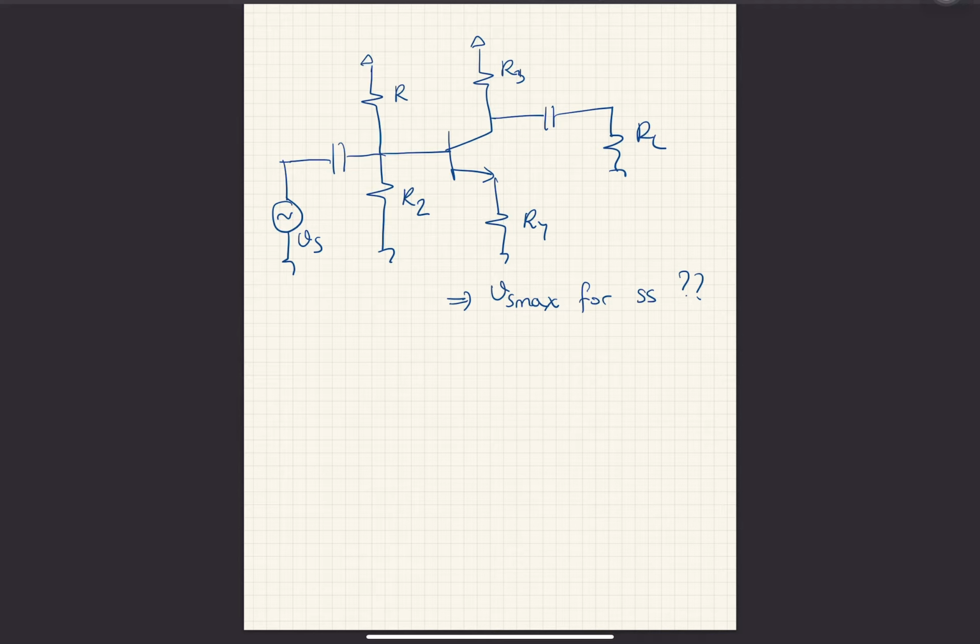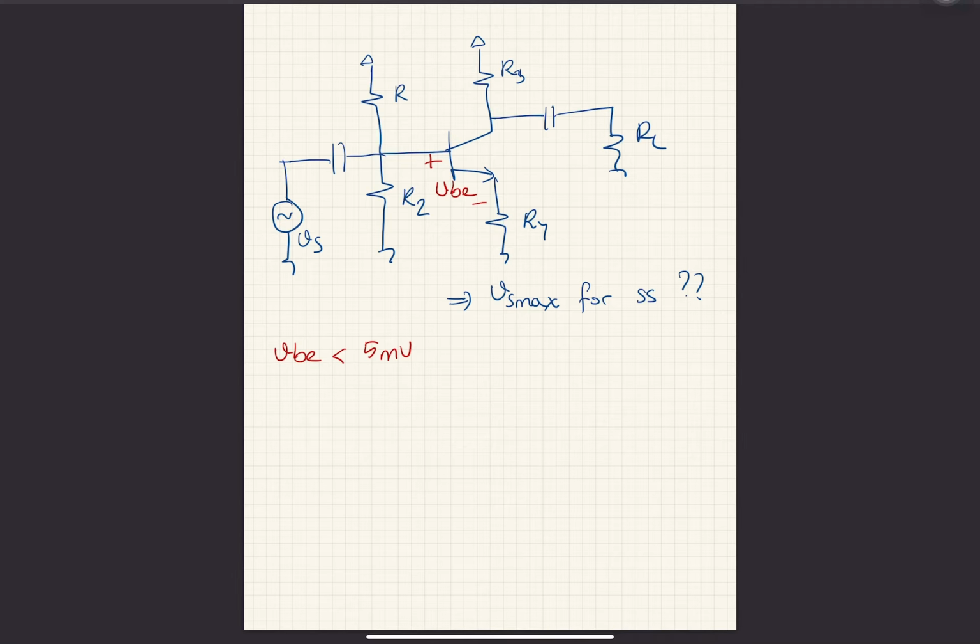Again, the same thing. I have to check this VB in here, and I know that VB should be less than 5 millivolts. Now I need to write Vs in terms of VB or vice versa.